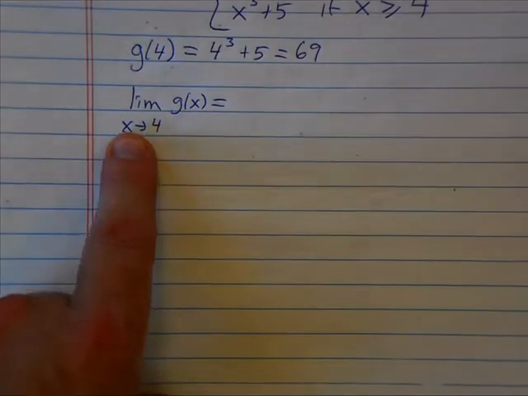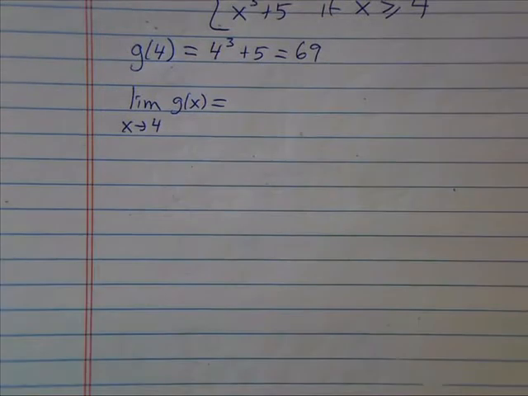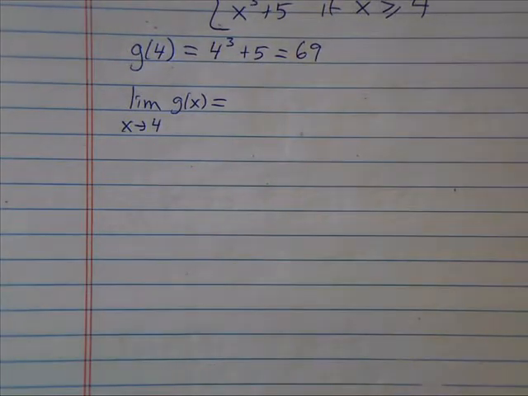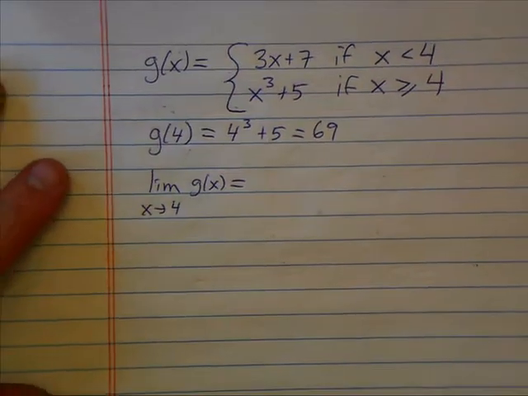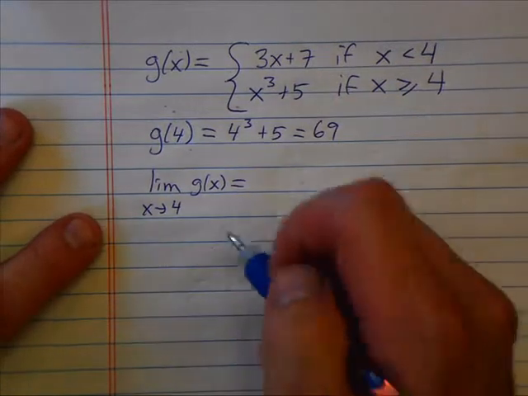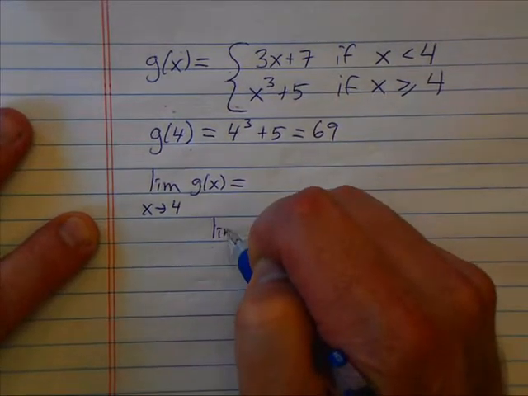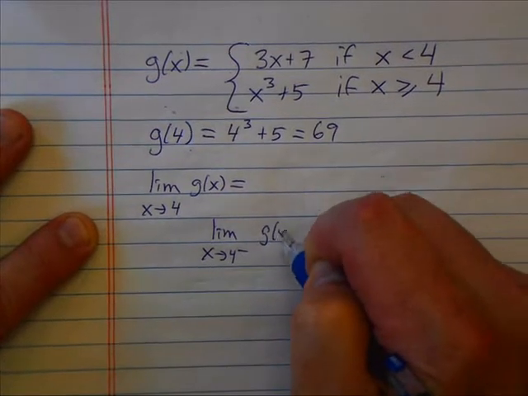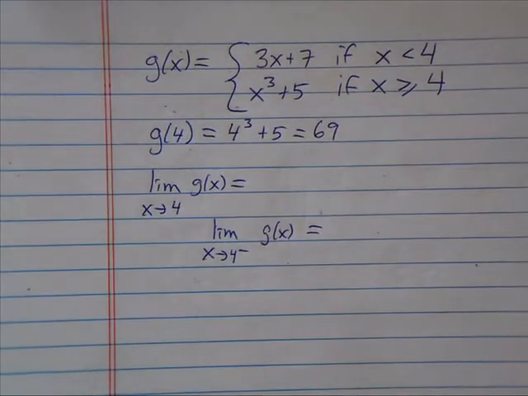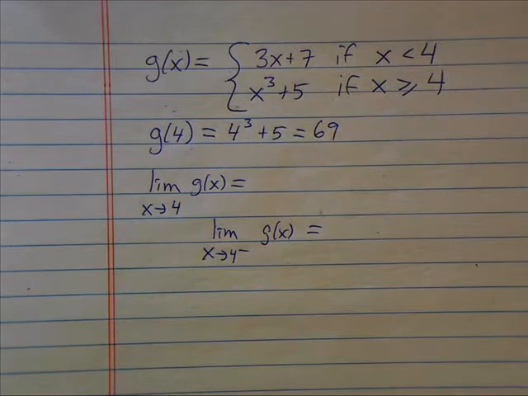Now I want you to tell me the limit as x goes to 4 of g of x. I agree, I don't think there is one, but why not? You got to show me some work. So what you would do in this case, this is a piecewise function. You would write limit as x goes to 4 from the left of g of x is... What's the limit as x goes to 4 from the left?